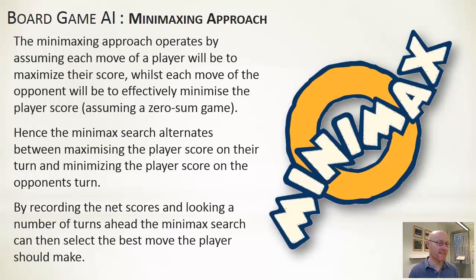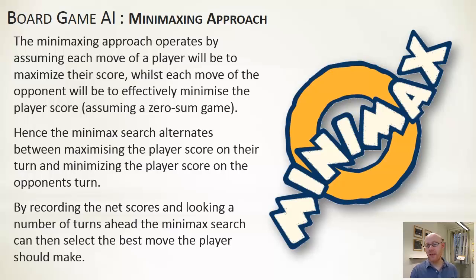Basically this algorithm is trying to plan ahead in terms of the player's moves and the opponent's moves, assuming that the opponent is going to try to win and to lower the player's score. So it alternates between maximizing, then minimizing, maximizing and then minimizing. And that reflects, for two-player games, the back and forth nature of the game.